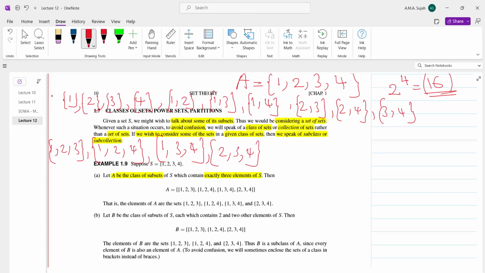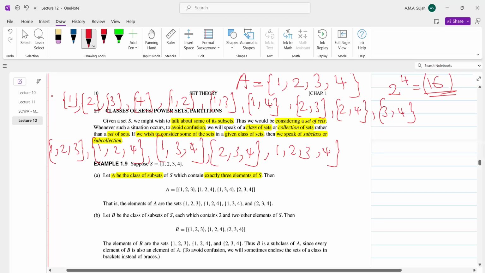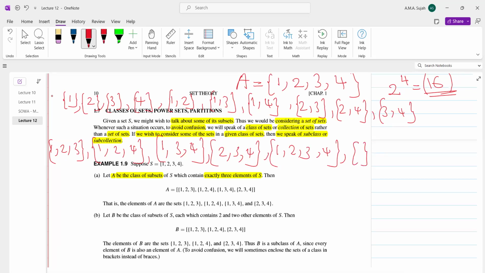So altogether 14. Then {1, 2, 3, 4} is a subset. Then the empty set is a subset. So if you have a set A with 4 elements, you can create 16 subsets.